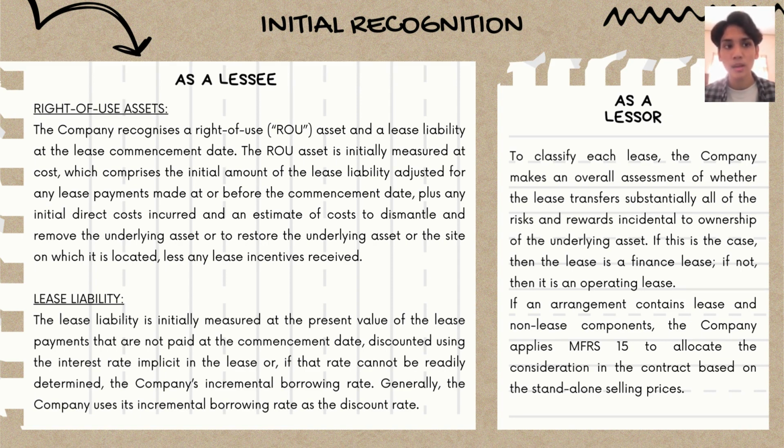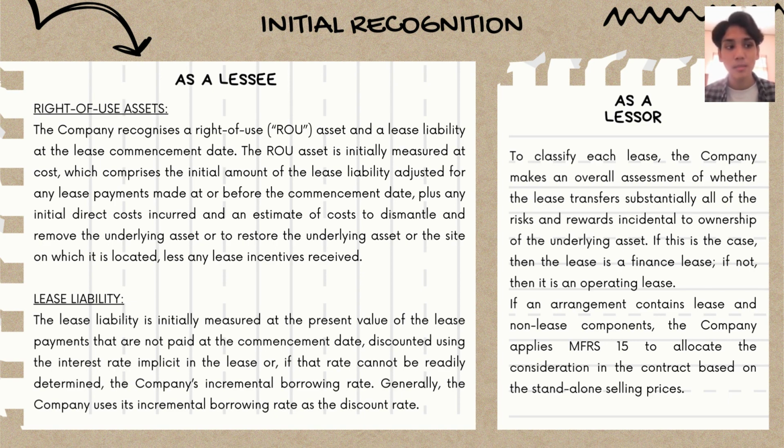The right of use asset is initially measured at cost, which comprises the initial amount of the lease liability adjusted for any lease payment made at or before the commencement date, plus any initial direct cost incurred and estimate of cost to dismantle and remove the underlying asset or to restore the underlying asset or the site on which it is located, less any lease incentive received.